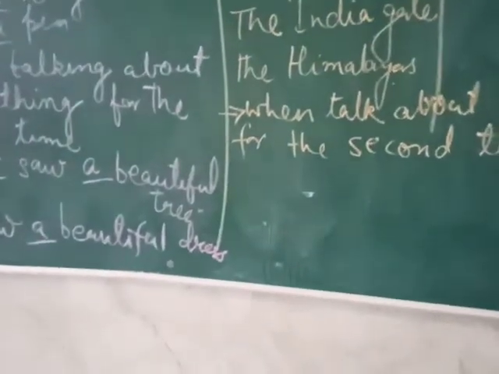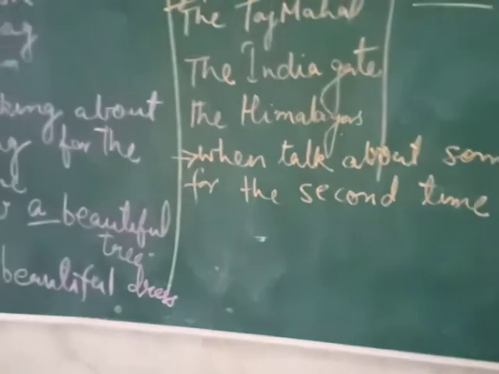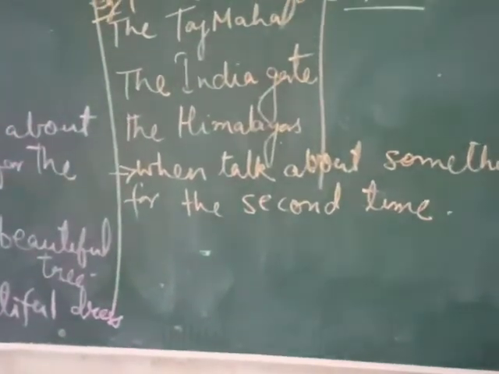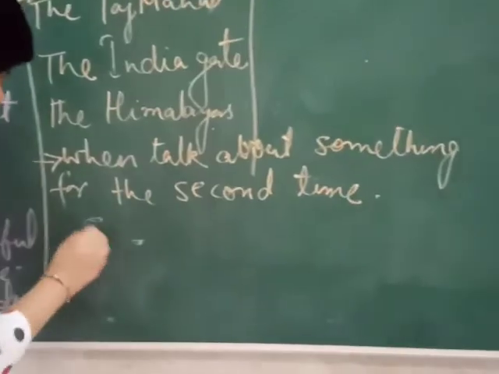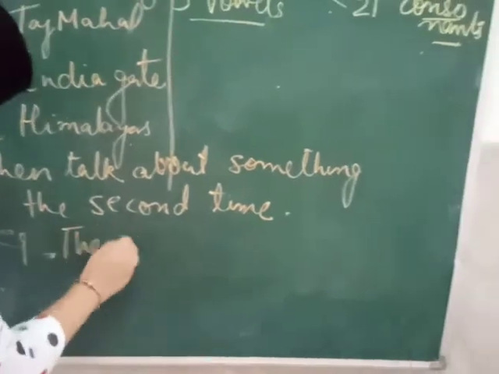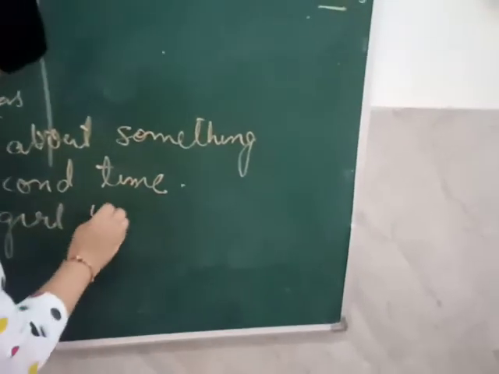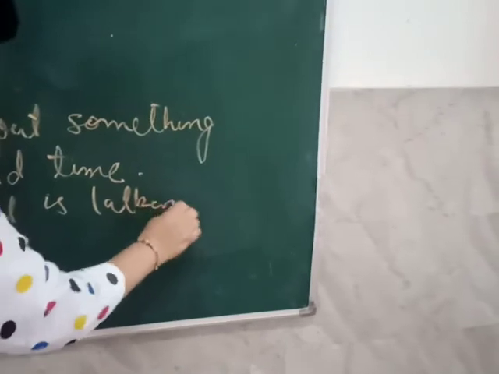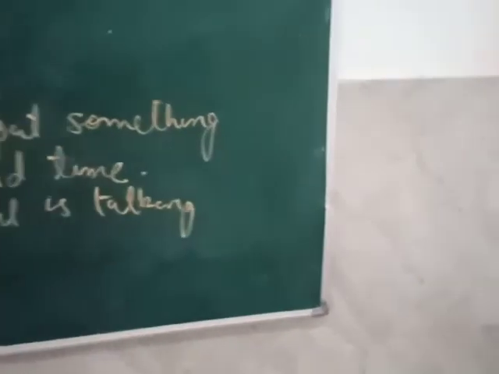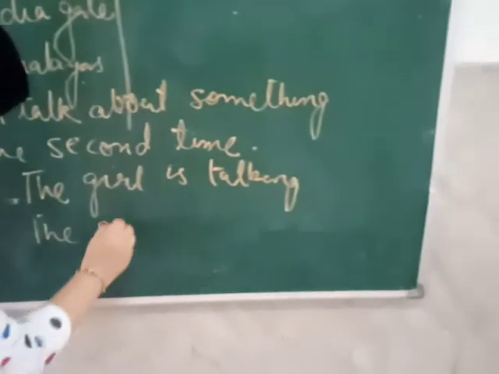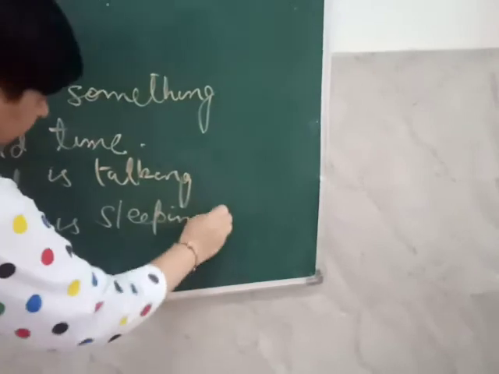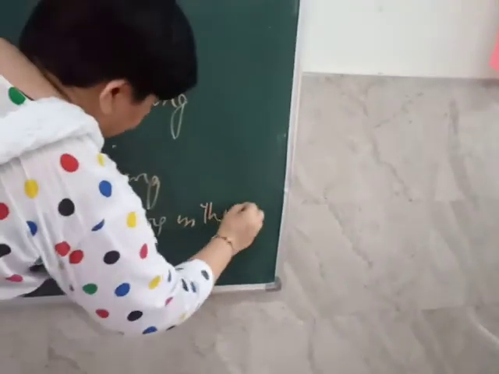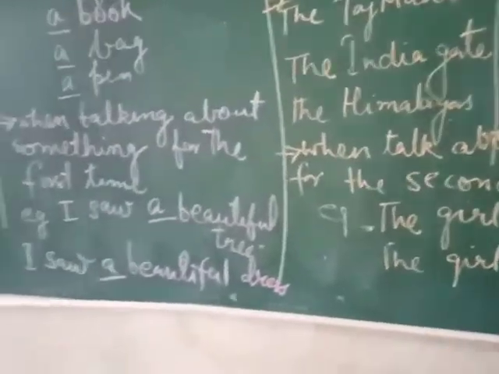The girl is talking because a particular child. हम एक लड़की जो ले रहे हैं वो पर्टिकुलर, क्योंकि सब बच्चे नहीं सो रहे हैं. One child, one girl. So I say the girl is talking. दूसरा ले लो, the girl is sleeping in the class. The girl is sleeping in the class.